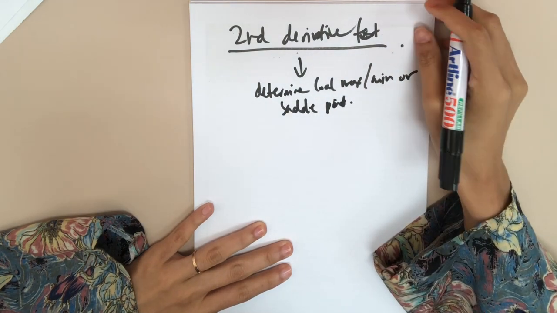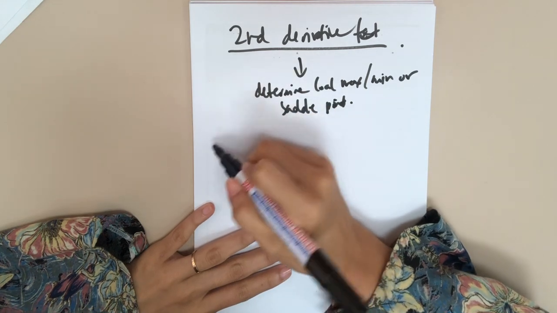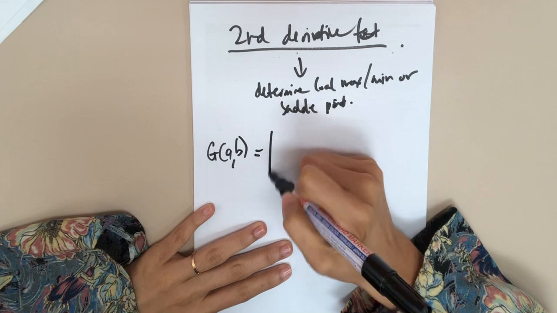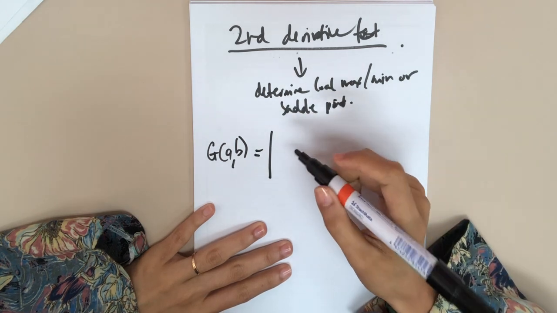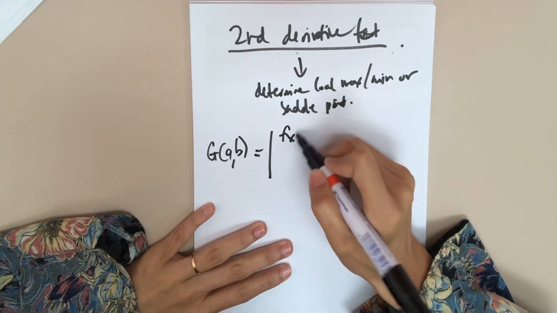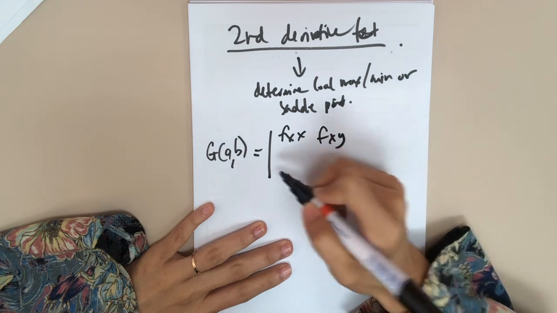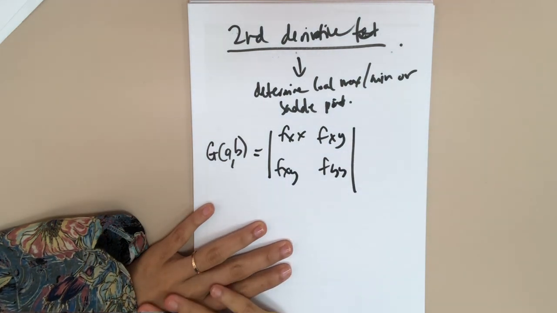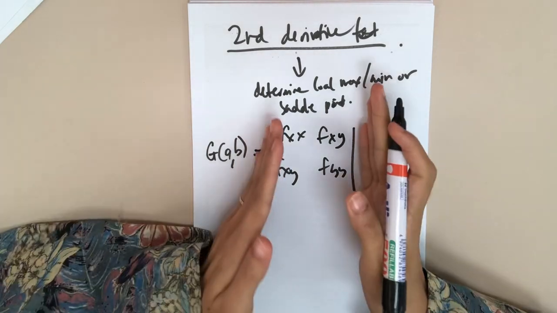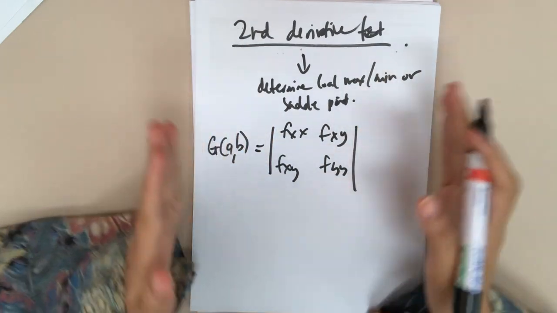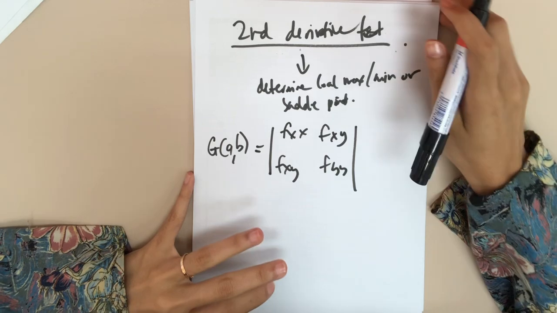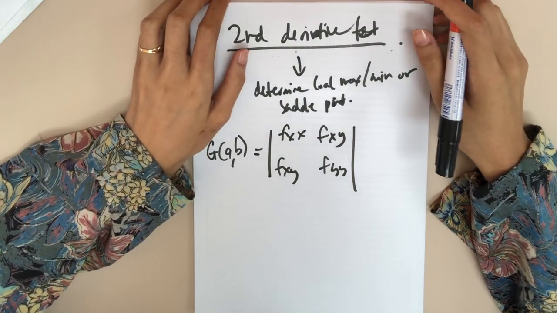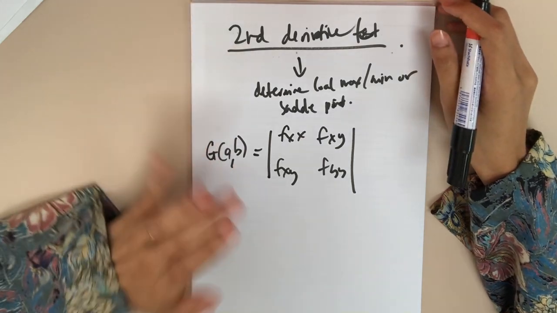Alright, so this is how we do the second derivative test. You can see that this is a modulus, which actually represents a determinant, something that we learn in matrices.